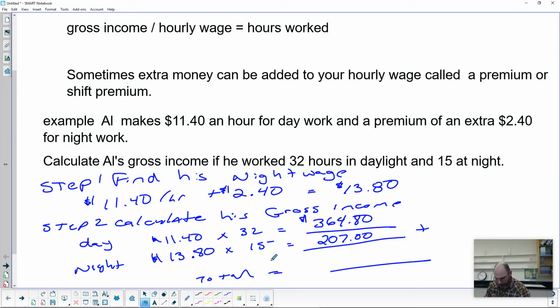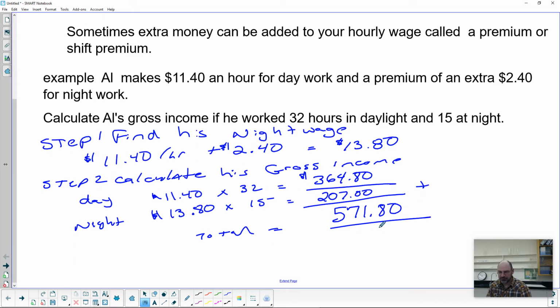If we add those two together, 364.80 plus 207, he makes a gross of $571.80 for that particular job. Sometimes they have charts, so we'll do a chart example in example 2. That's our first example: just multiplying out each of the wages and then adding them together at the end.